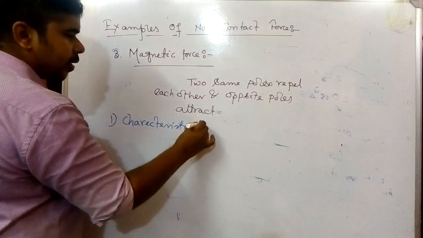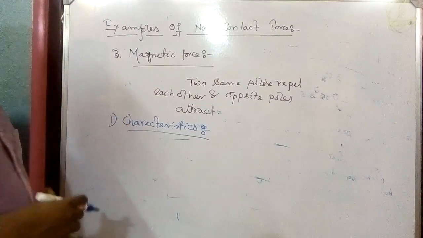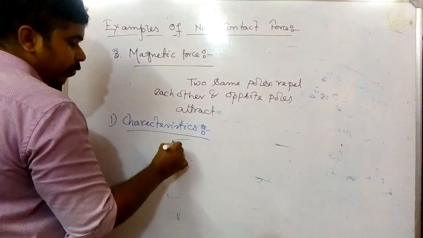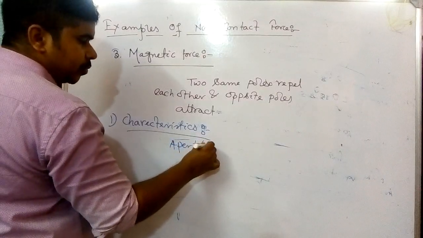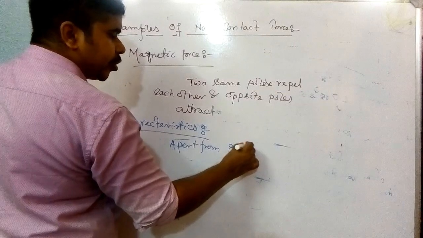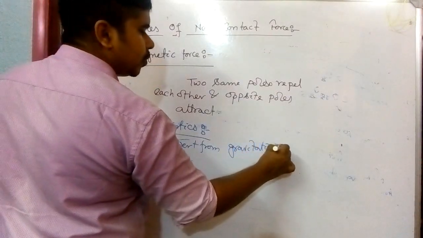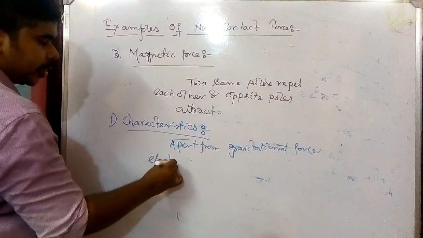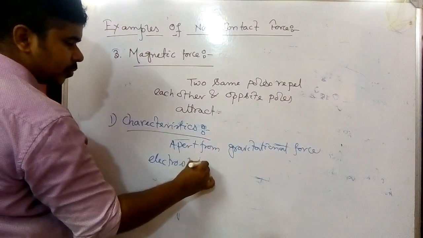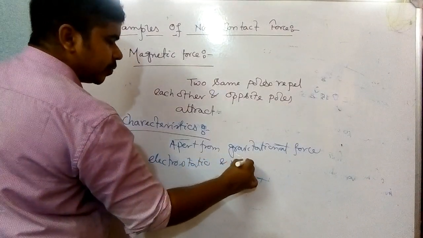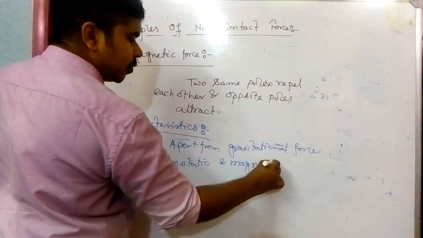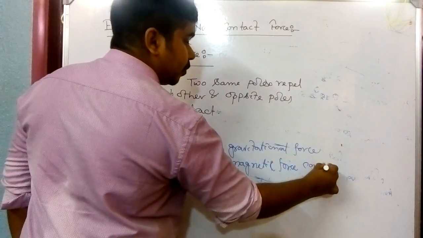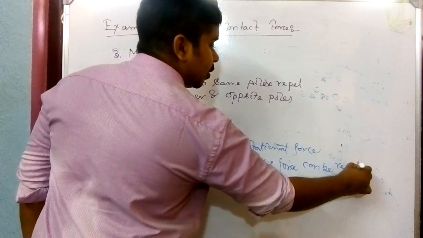The first characteristic is that, apart from gravitational force, the electrostatic and magnetic force can be repulsive.